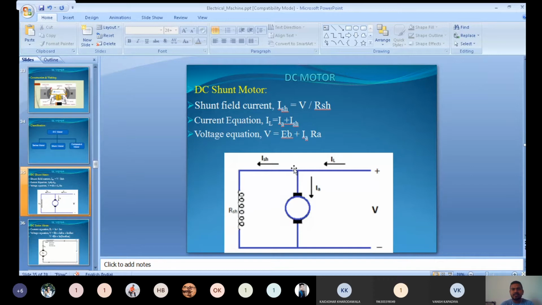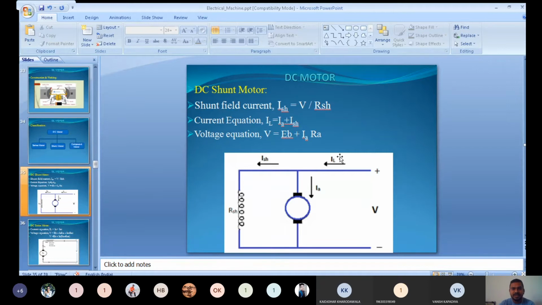The current flowing through the armature winding is known as the armature current, denoted by IA. The current flowing through the shunt field winding is known as the shunt field current, denoted by ISH. So what is the current equation? The total line current is divided into two parts, so if we combine these two currents, we get the total line current.